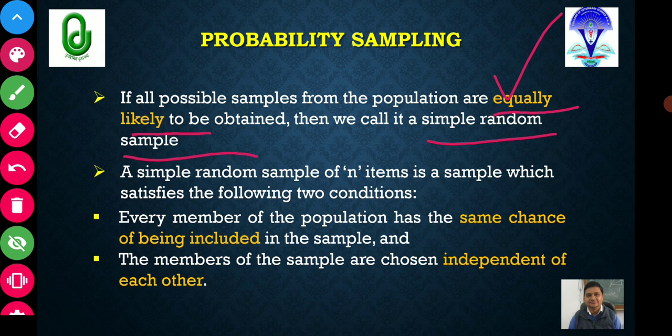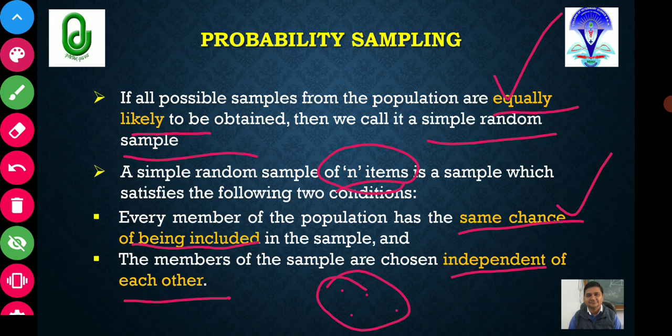A simple random sample of n items is a sample which satisfies the following two conditions. So those two conditions you have to ascertain for simple random sampling. First, every member of the population has same chance of being included, that is equally likely. And second, the members of the sample are chosen independent of each other. Independent of each other means, suppose this is the population, and suppose I am selecting this individual.